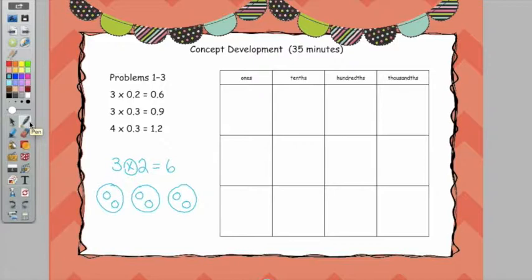So there's one group of 2 tenths, and then I've got another group of 2 tenths, and that gives me 3 groups of 2 tenths. Is that the answer? 6 tenths? It sure is. This answer was right.